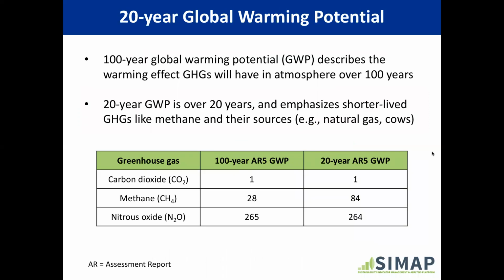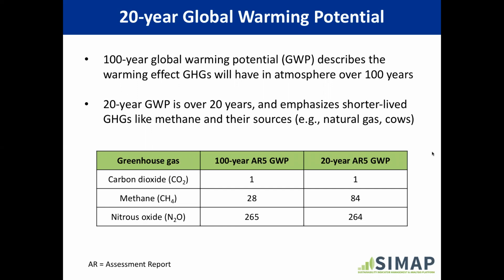So the 20-year global warming potential. The 100-year global warming potential that is most commonly used describes the warming effects these gases have over 100 years. The 20-year GWP is just describing these effects over 20 years, and there has been a discussion among the climate change community about also looking at emissions from this perspective, so we get a better idea about the short-term warming potential for things like methane and methane sources.